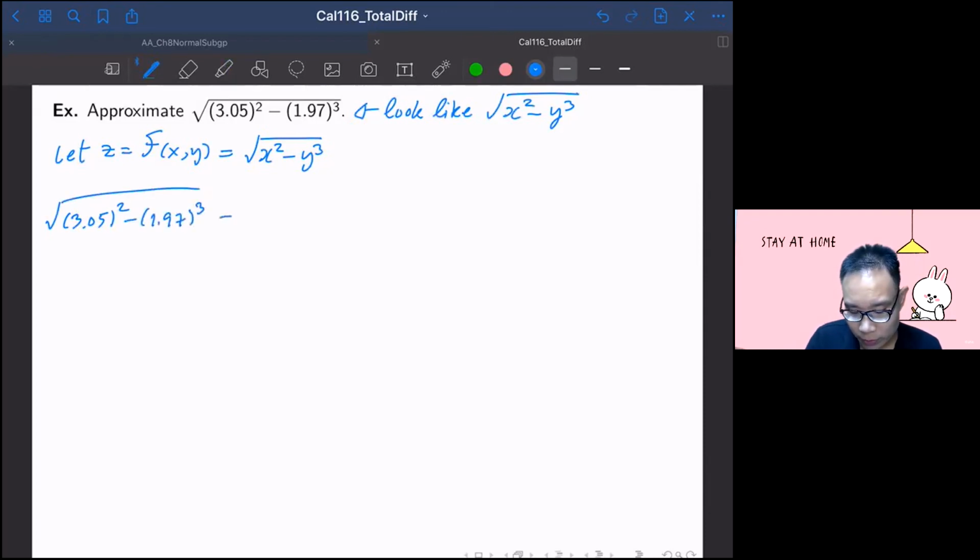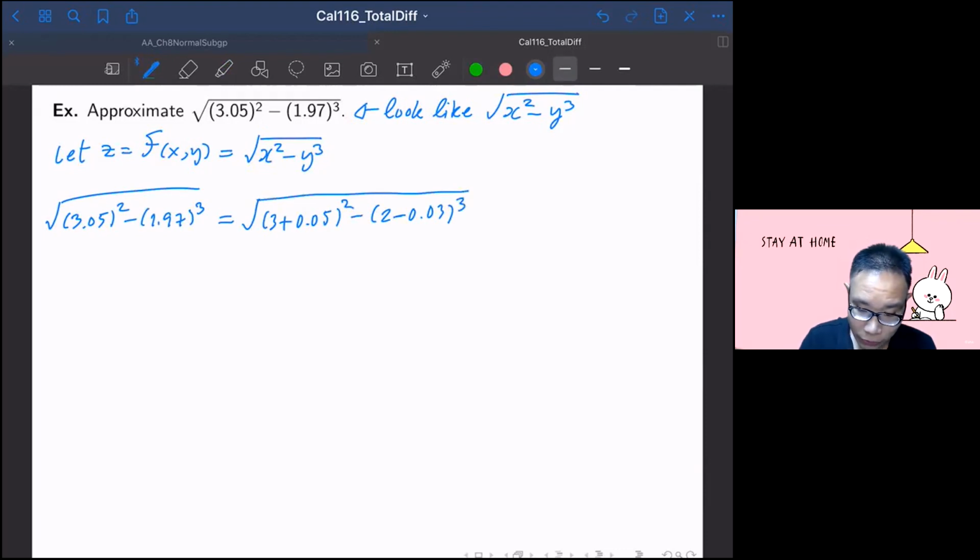And this one is 3 plus 0.05 squared, and you have 2 minus 0.03 to the third, like this.